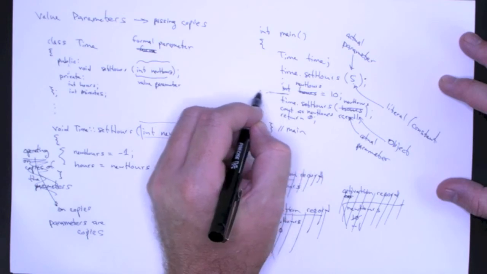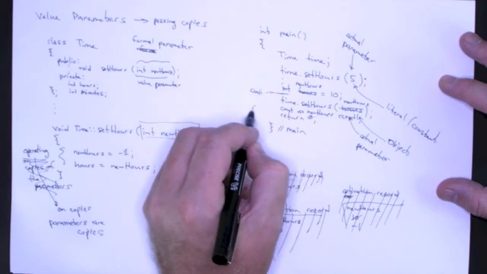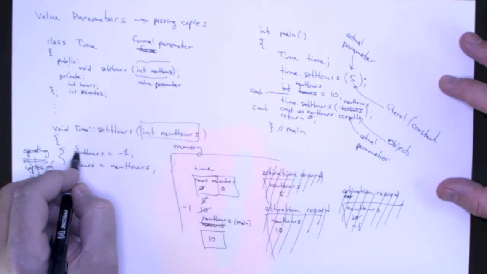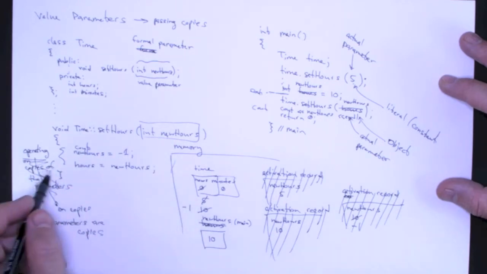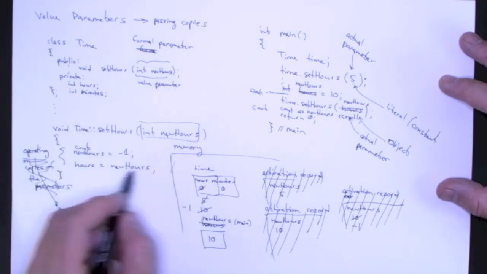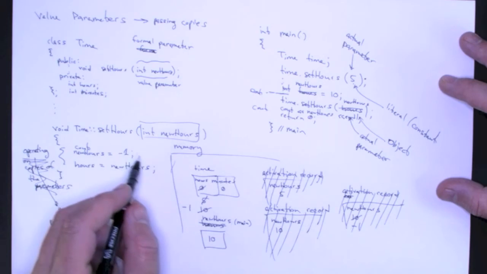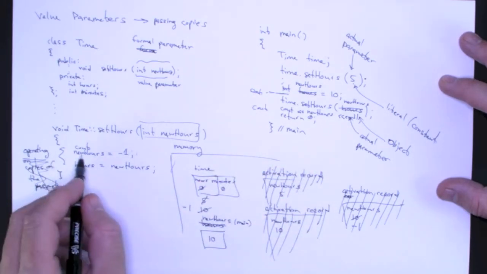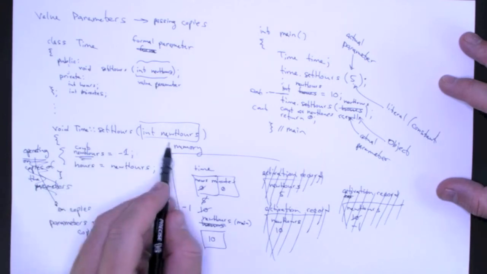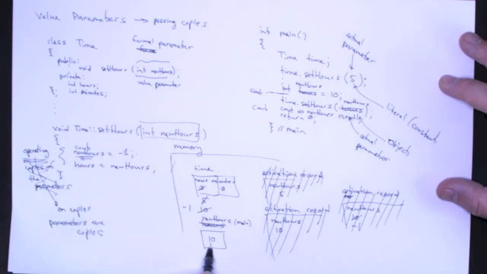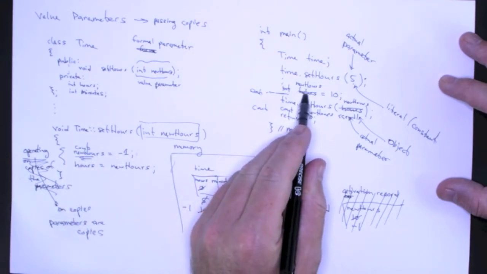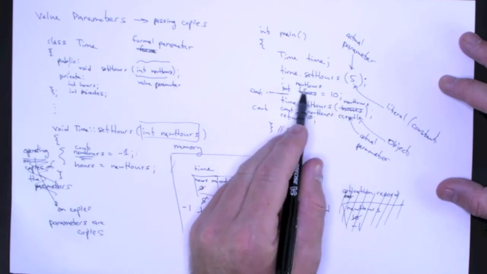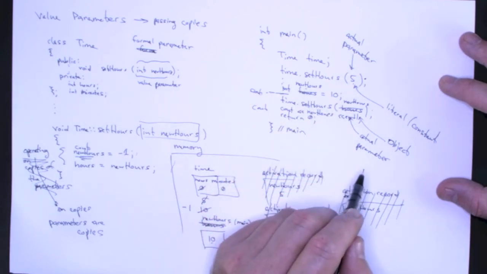Put a cout statement here, put a cout statement here, and put cout statements inside the method where you're printing new hours. And monkey around with this and change these things, okay? And see what happens. And you'll see that whatever change you make to the parameter new hours will not be reflected in the actual parameter you used back in main, okay? So give that a try.